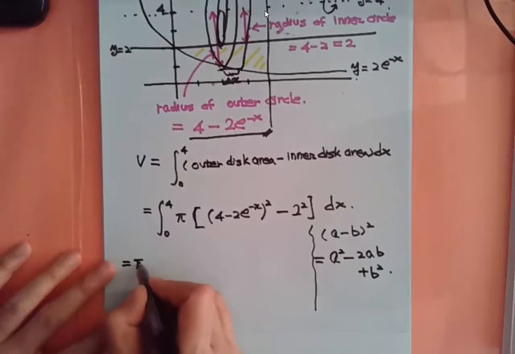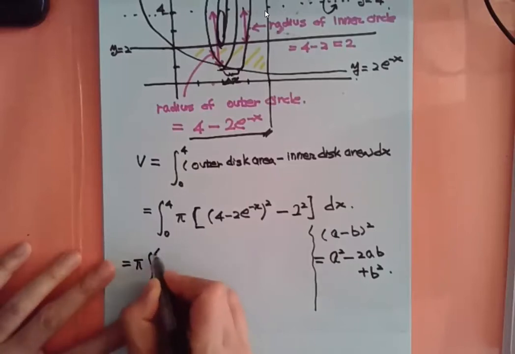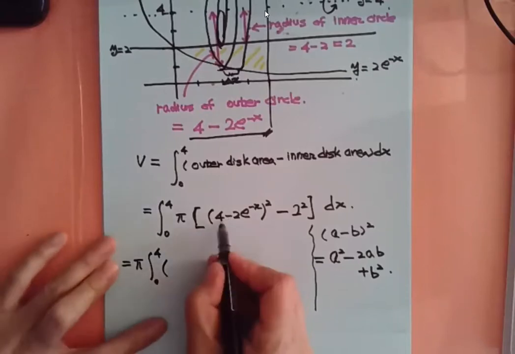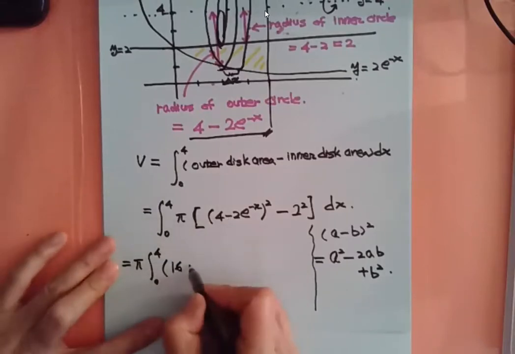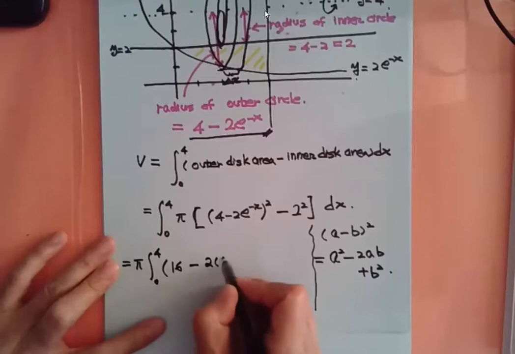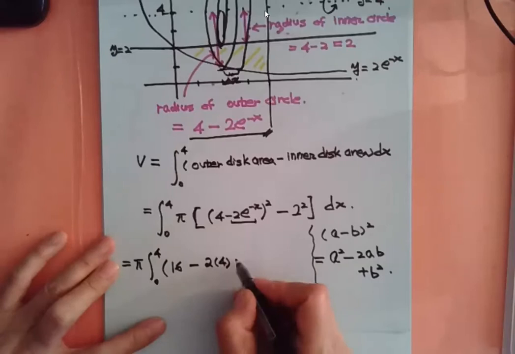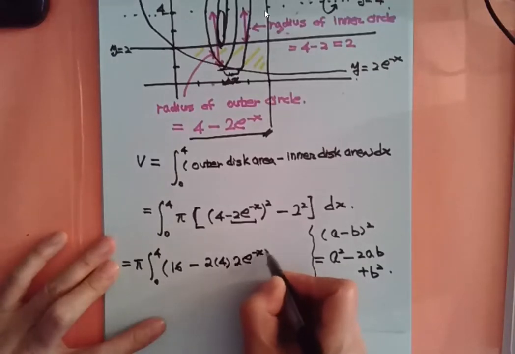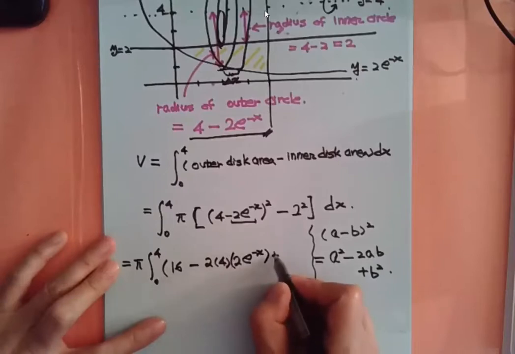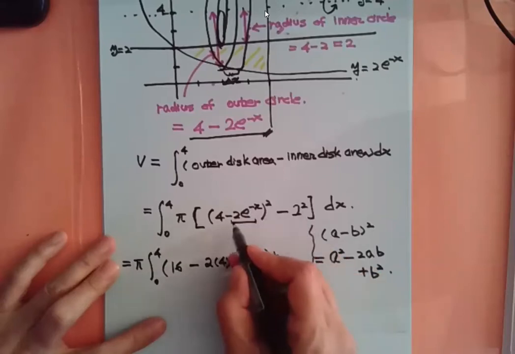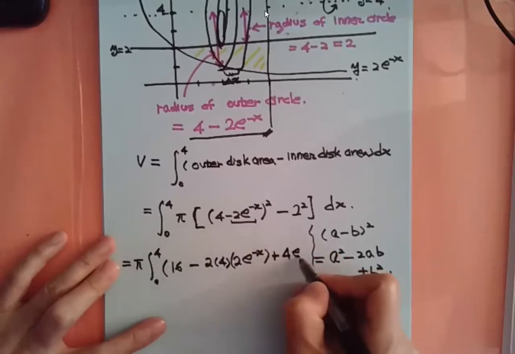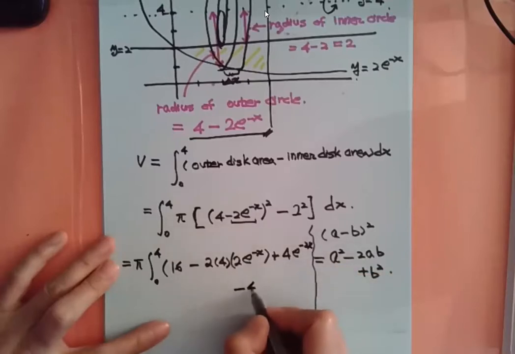That is pi integration 0 to 4. This one squared, which is 16, minus 2 times 4 times, this is b, so 2 e to the minus x, plus this one squared, so 2 squared is 4, e to the minus 2x, minus 4 dx.